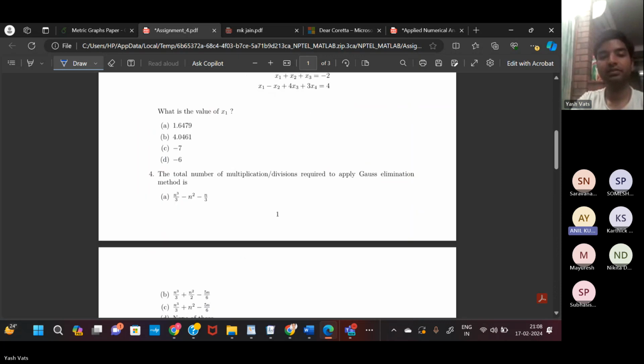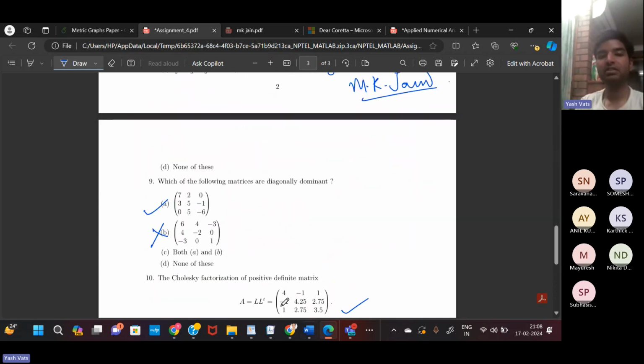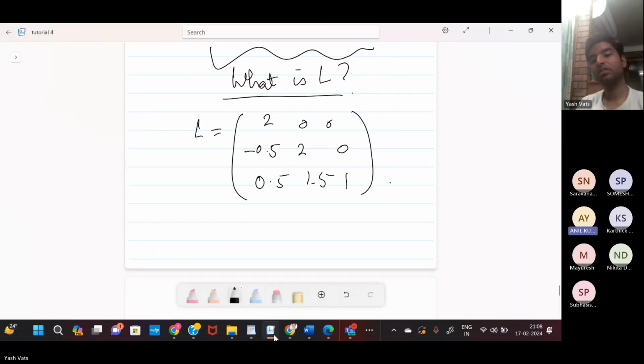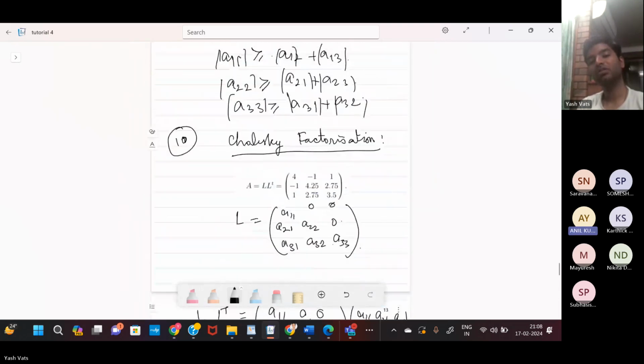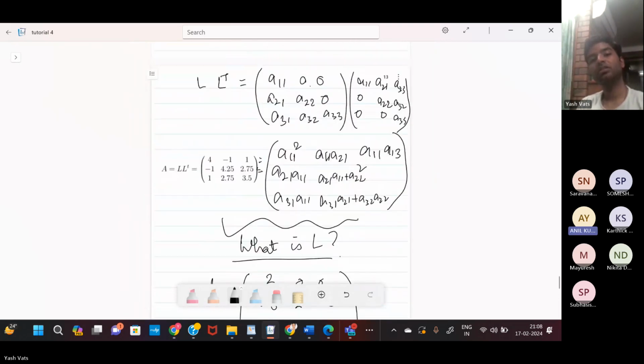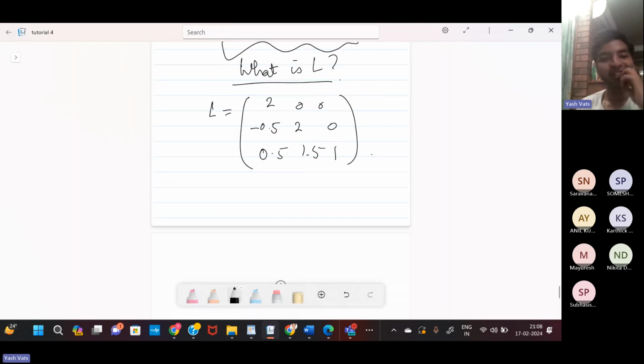Excuse me, sir. Why here do we not take the value of a11 as -2? Because a11 square is 4, that means a11 is +2 or -2. So according to the option, do we take this or is there any other reason? Yes, you can take -2 also.